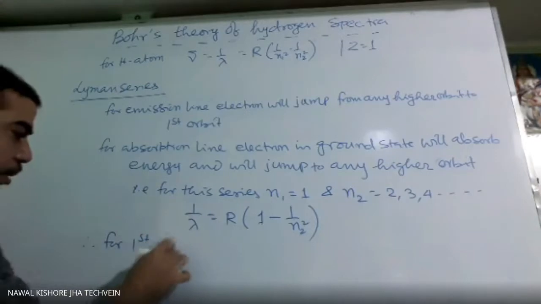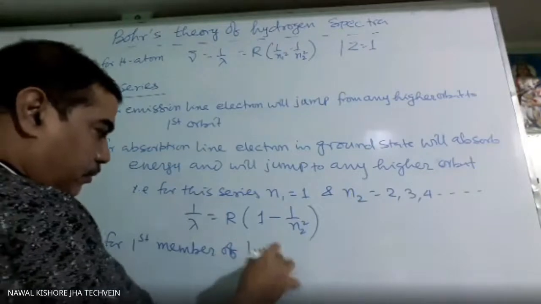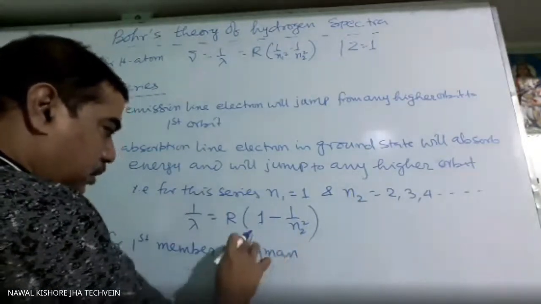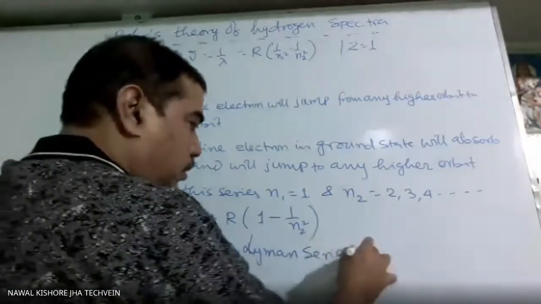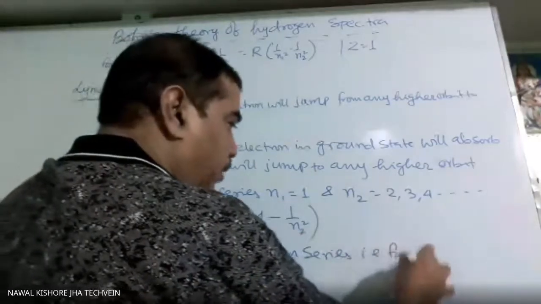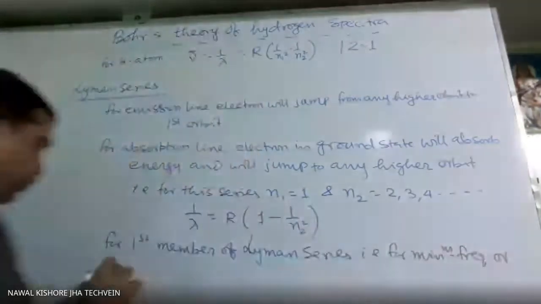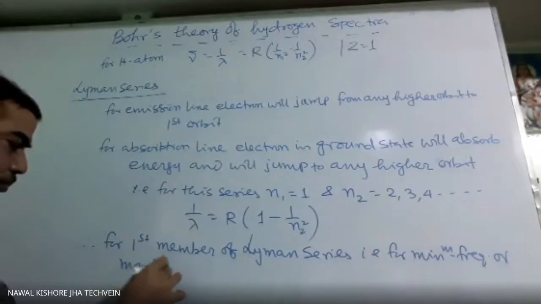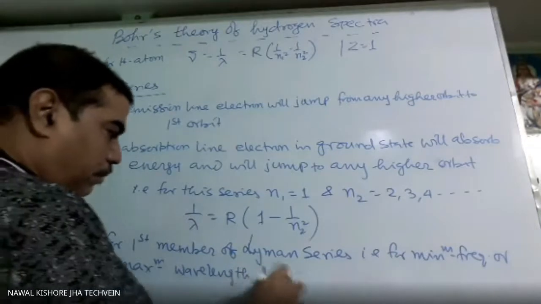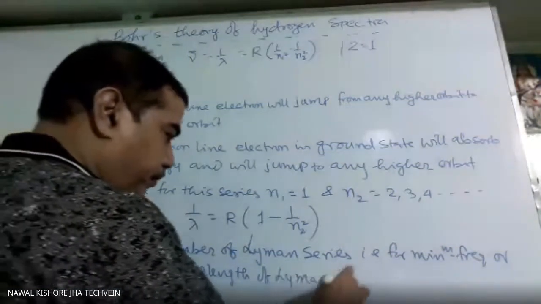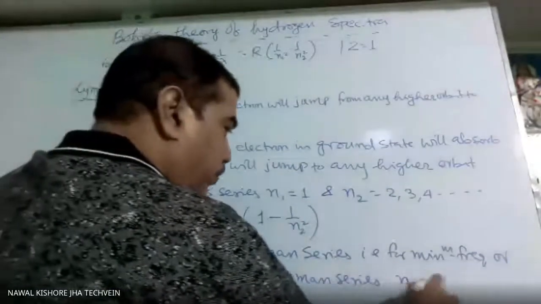For first member of Lyman series, that is for minimum frequency or maximum wavelength of Lyman series, what will be? This n2 will be 2.